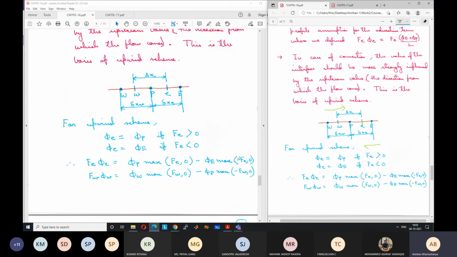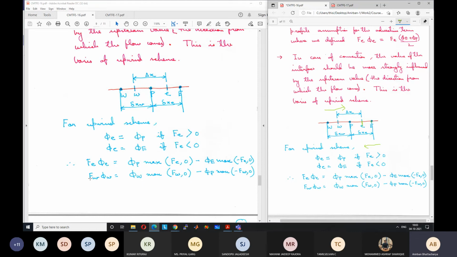So minus phi e into minus Fe will become Fe phi capital E, or Fe phi small e is equal to Fe phi capital E. So basically phi small e is equal to phi capital E, as we have written here. So this will become the same as this. So it satisfies both the conditions, top condition and bottom condition. So we can write Fe phi e in this form.